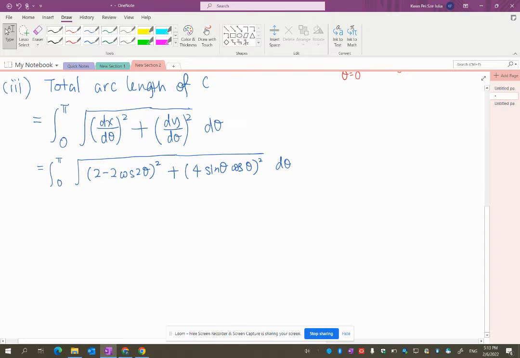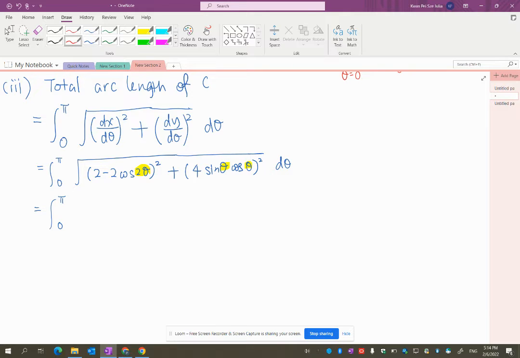The issue is really how to integrate this. It looks scary. Some of you might expand everything and then simplify. Yes, that will do too. Alternatively, let us see whether we can convert it to the same angle. We observe that we have 2 theta and theta, so there's some inconsistency, which makes it hard to simplify. So let's convert the 2 theta into terms of theta.